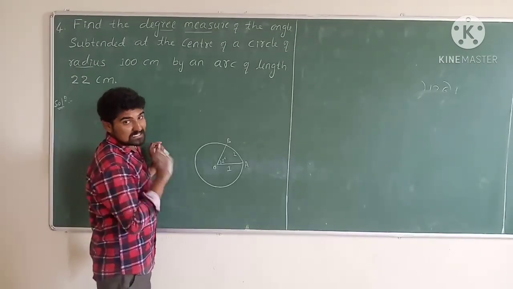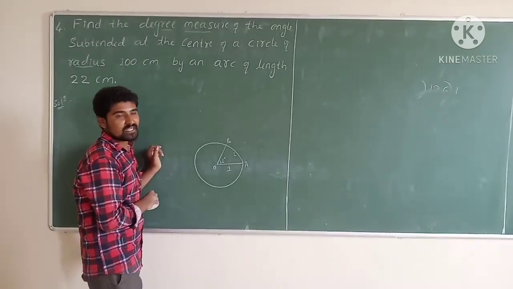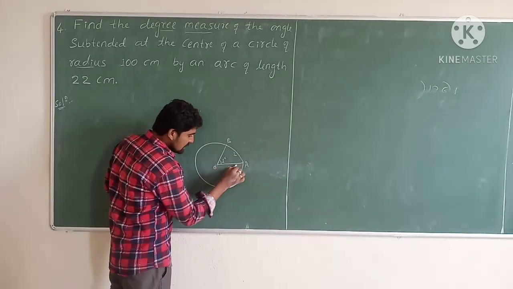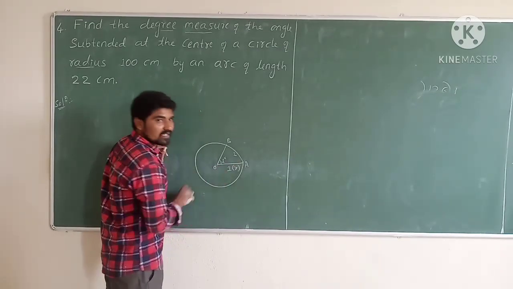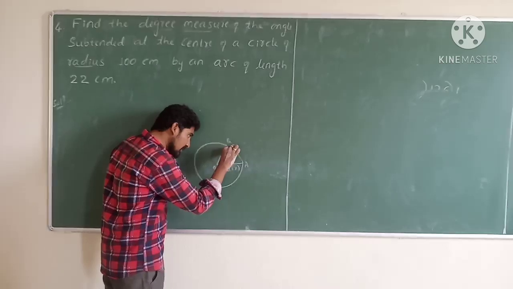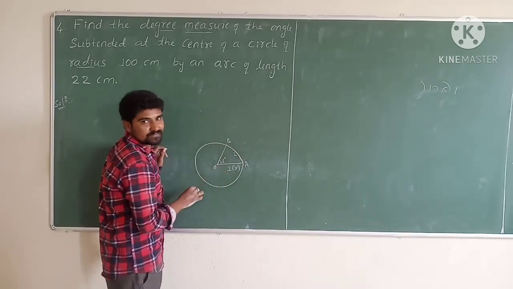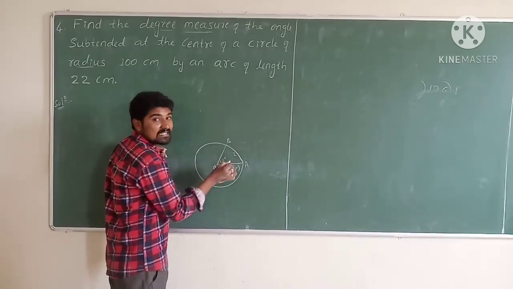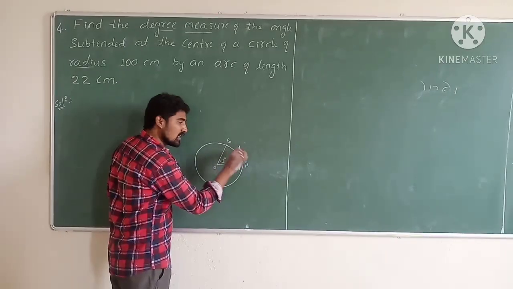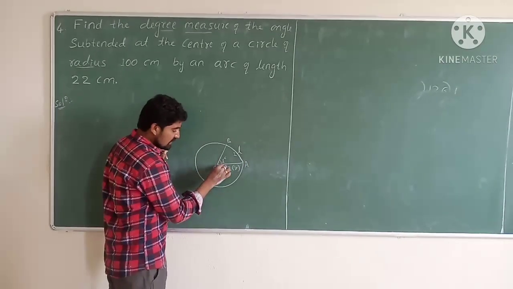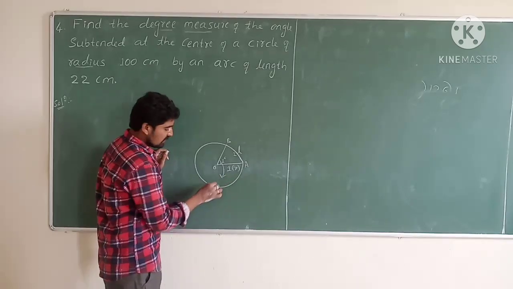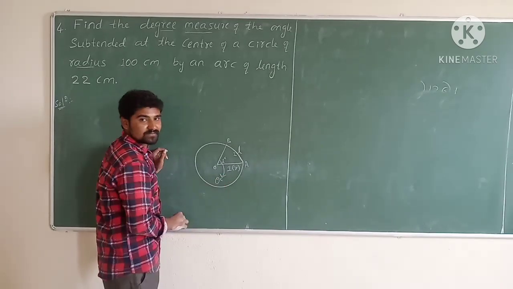So for the radian measure of an angle, this is the radius of a circle, AB is the arc with arc length L, and this is the angle theta in radians.